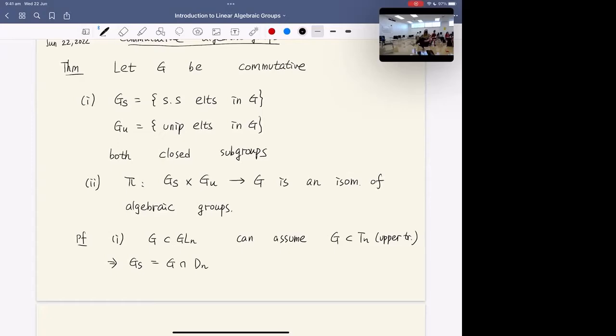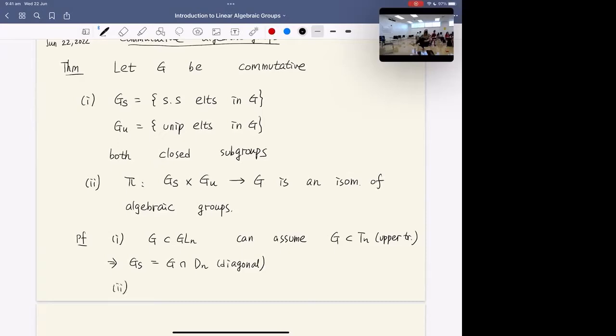But we are using the fact that G_S is simultaneously diagonalizable, so we can put G_S in D_n, the diagonal matrices. And then G_U, you have proved that it's closed.